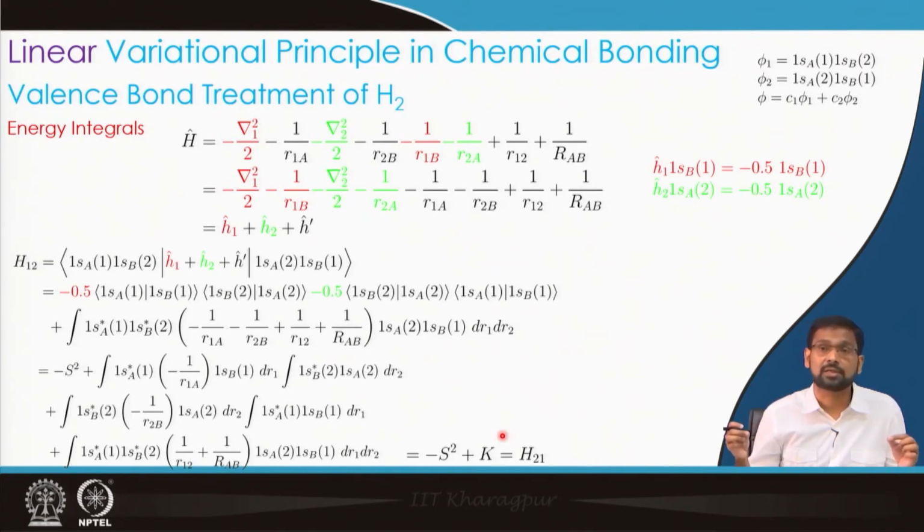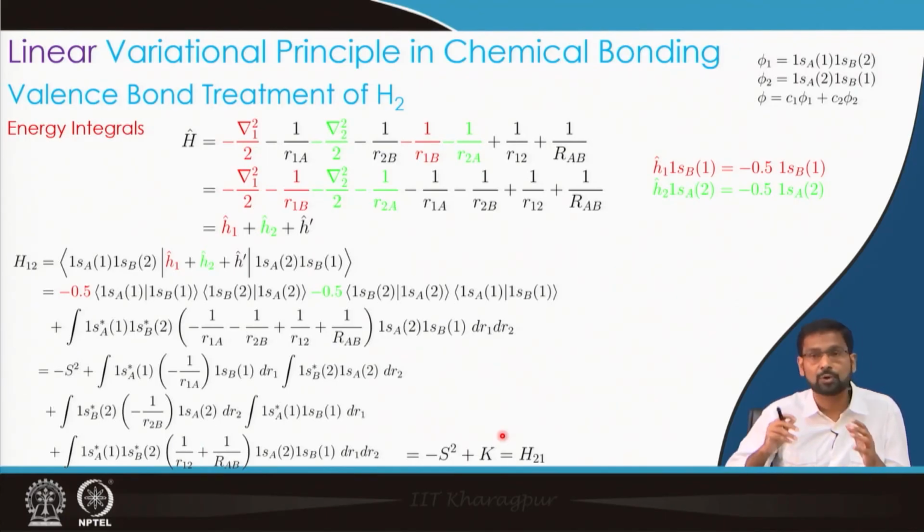As you increase the internuclear distance, the value of K keeps changing, because at infinite separation K does not exist: the two atoms do not know each other, so there is no exchange of electrons, and therefore the exchange integral is also 0. But as soon as they come closer, the exchange integral takes over, it starts appearing, and it influences the chemical bond.